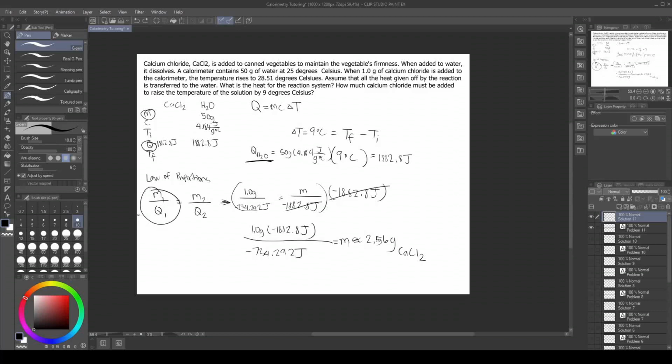Then if you have that comparison for the first scenario, you can do the same thing for the second scenario, when the change in temperature was 9 degrees Celsius. That's why we have this equation here, because these are the values for the first scenario, and these are the ones for the second. So you put that equation down, you isolate it until M is alone, you solve for M, and now you have your answer, which is 2.56 grams of calcium chloride.